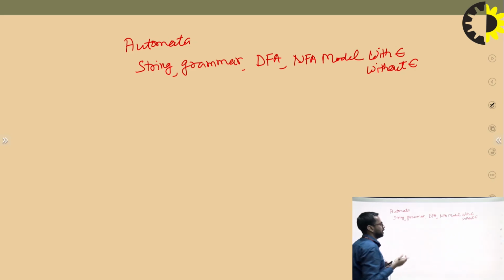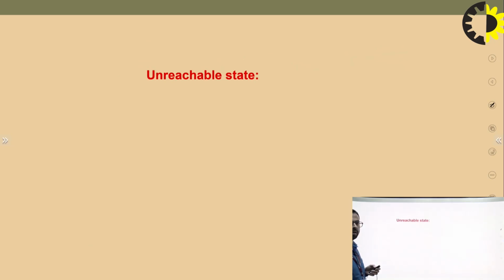These things are already discussed in the very previous lecture of the automata, so there is no need to recall this topic now.